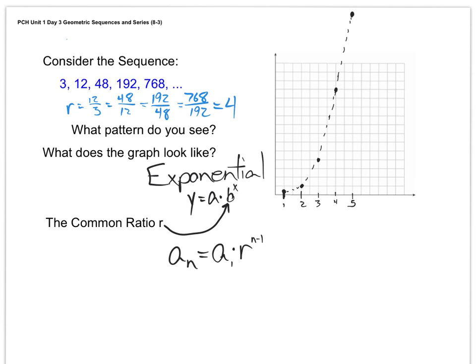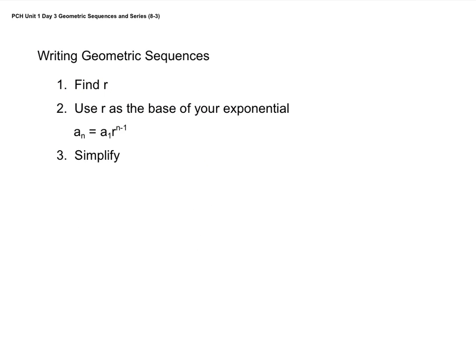Now we'll draw some comparisons with the exponential even more as we move forward, but you can even see the comparison right now with just the form of the definition of these sequences. If we're trying to write a geometric sequence, and we can tell that it is in fact geometric, one of the first things you need to do is figure out what r is.